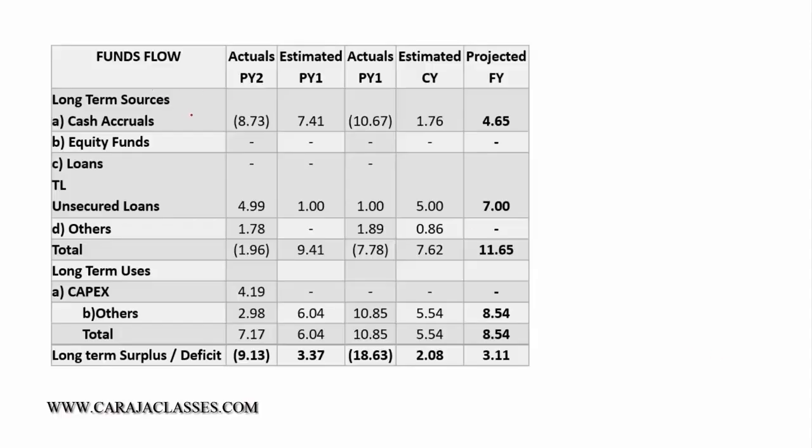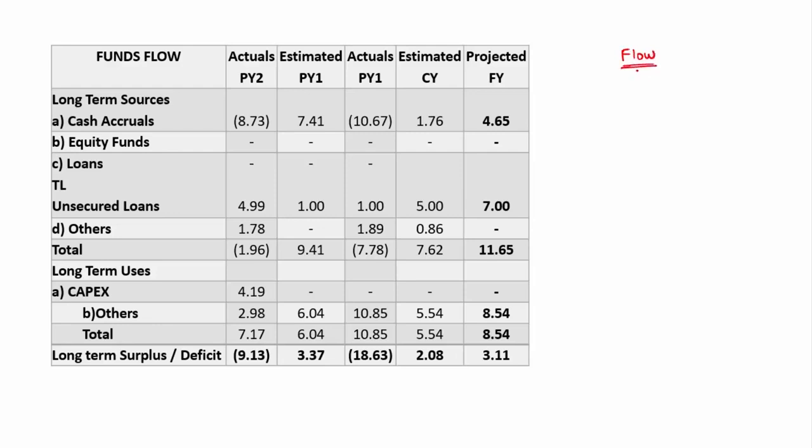In the previous section, we talked about performance and financial indicators, and they are mostly ratios. In this section, we'll talk about fund flow analysis, because sanctioning authorities will be interested in knowing what is the movement or what is the flow of funds.